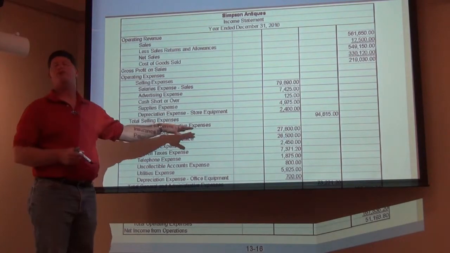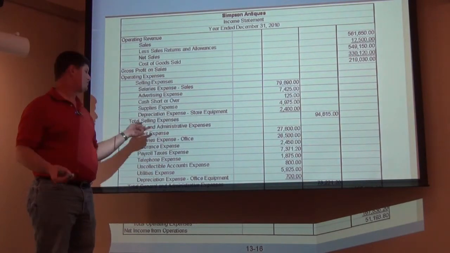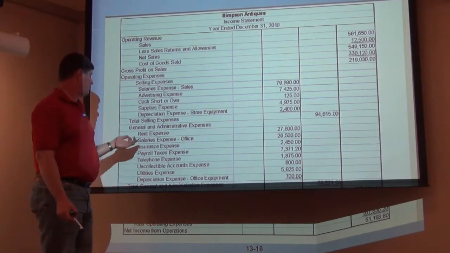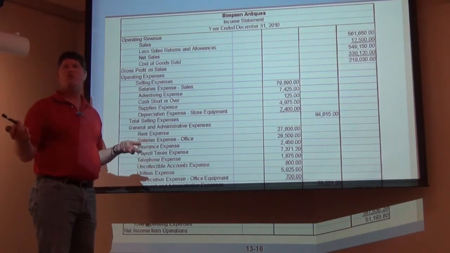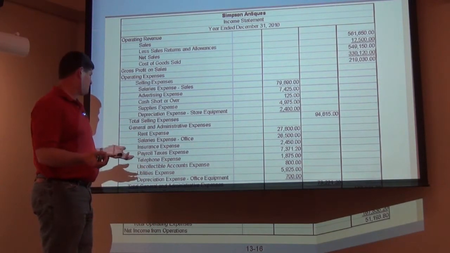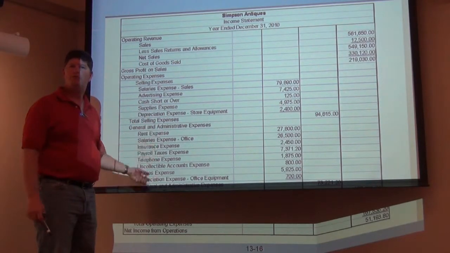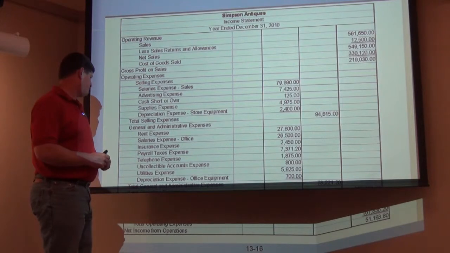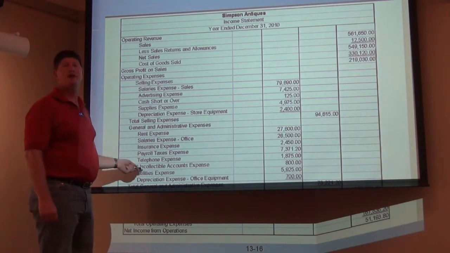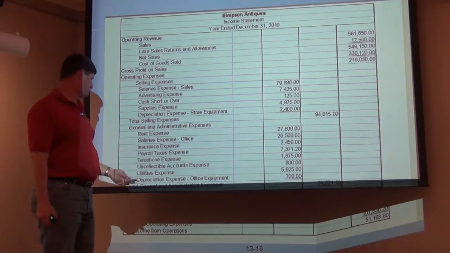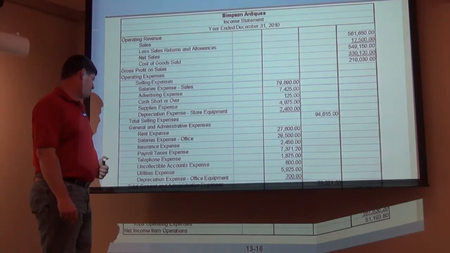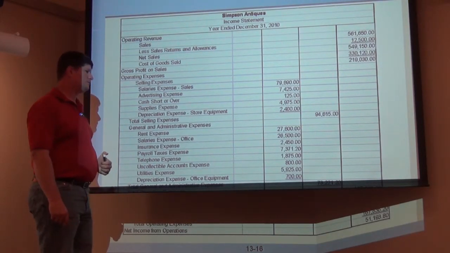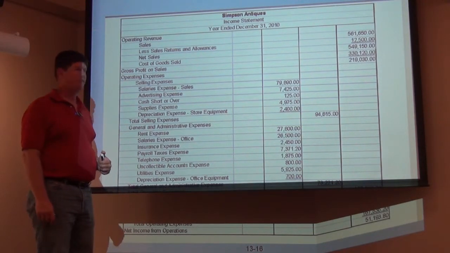Then you get into the rest of the company's expenses, general and administrative, rents, wages for everybody else, insurance expense, depreciation on the other things that are used in the business, bad or uncollectible accounts expense, I call it bad debt expense, utilities, all kinds of stuff. Good? Okay.